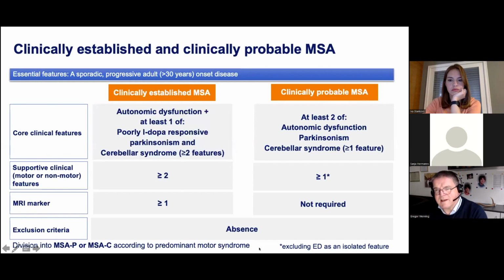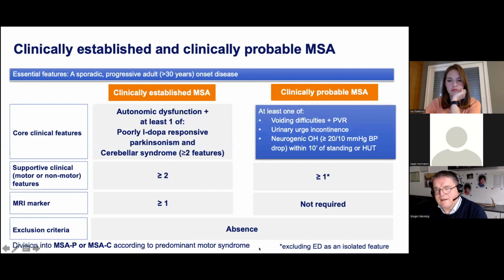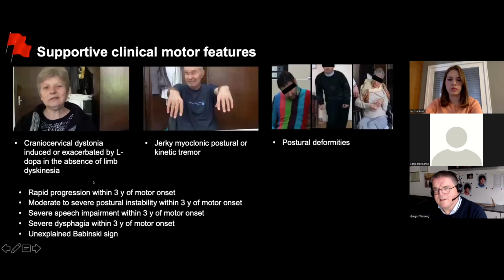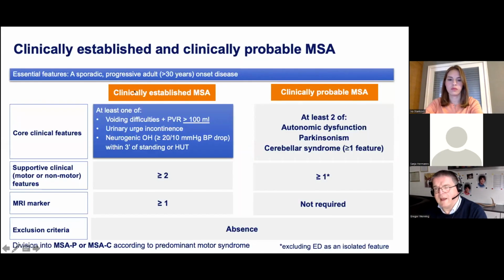Clinically probable MSA is slightly different. You need to have at least two of autonomic dysfunction, Parkinsonism, or a cerebellar syndrome with at least one feature of cerebellar involvement.